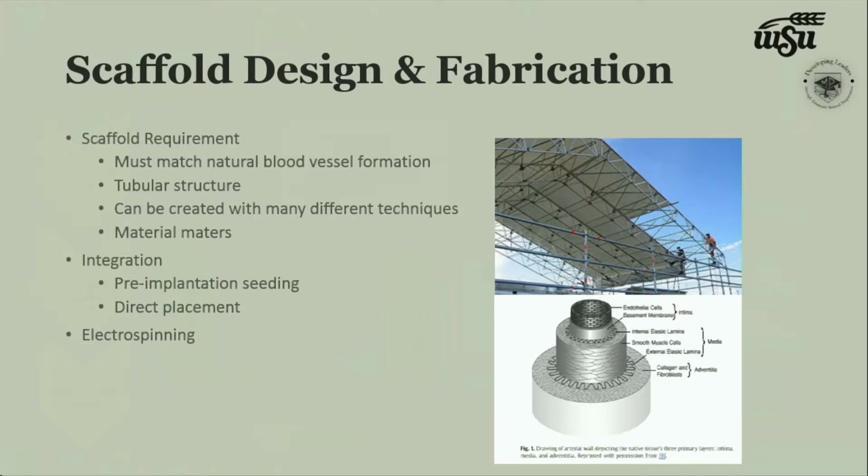We need this triple-layer system so that we can make a tubular structure accurately, and then we need to be able to fill that with the substance that's actually in the vessel. If you think of a building, you're filling it with insulation or concrete. For our scaffolds, we're filling it with cells or proteins. And finally, when the vessel construct is complete, we need to integrate it into the body.